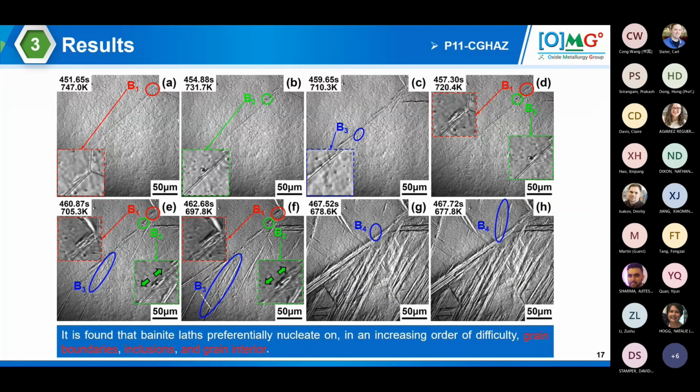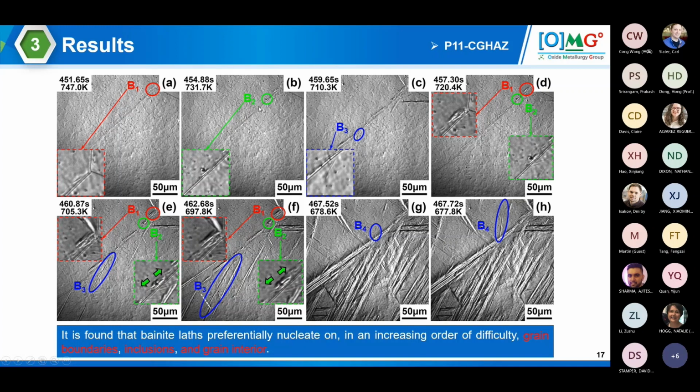In the first part, I'm going to talk more about the coarse grain HAZ, which are generally of bigger dimensions. What you are seeing here is, for example, in the P11, a lot of features popping up when the temperature goes down. As time goes by, you are seeing a lot of features which are essentially bainite.